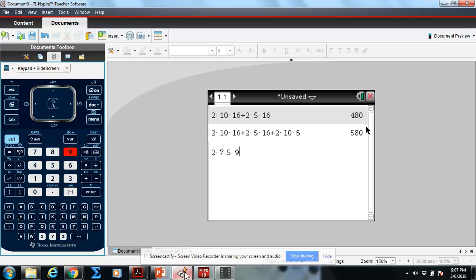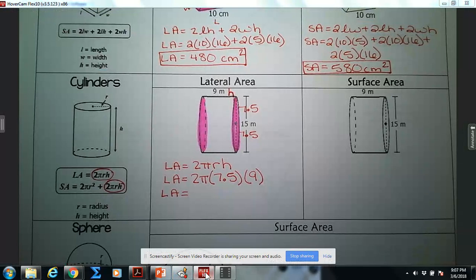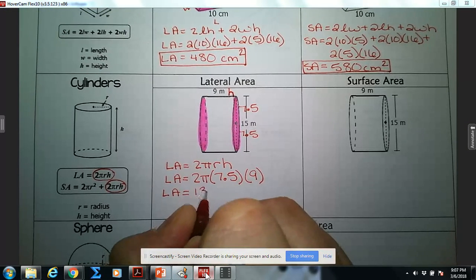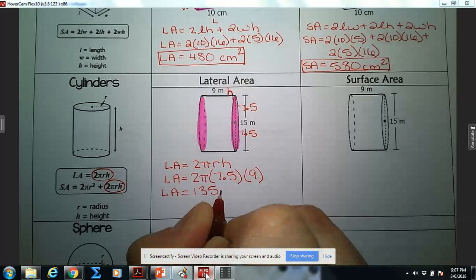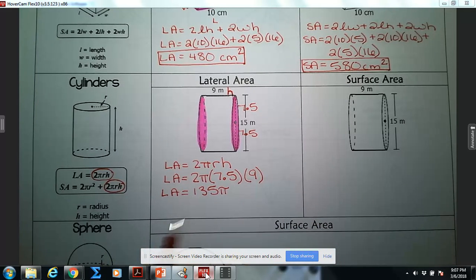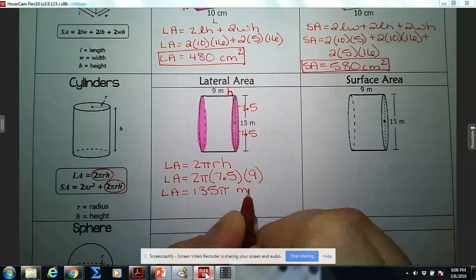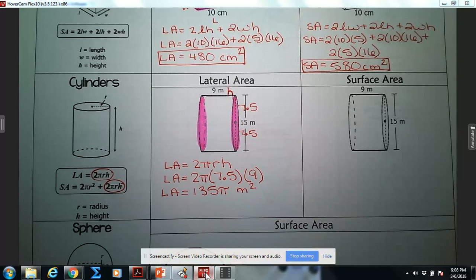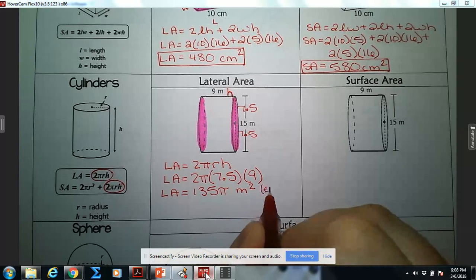I'm not including pi. So that is 135. Since I didn't type in pi, that means pi is still in my answer. So the lateral area is 135 pi meters squared.